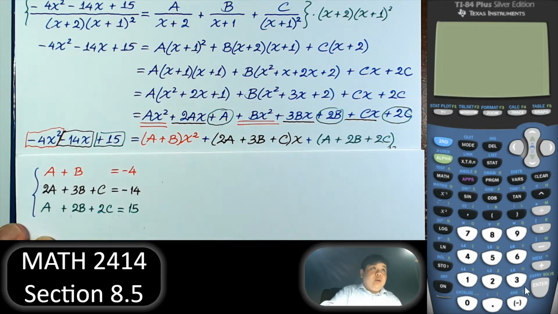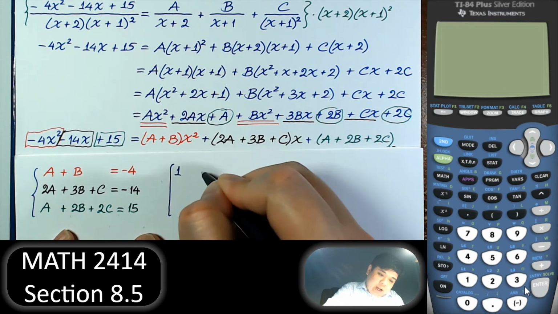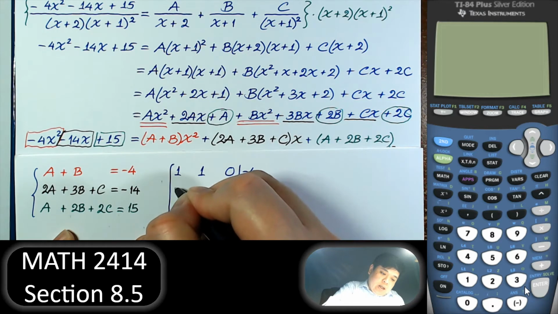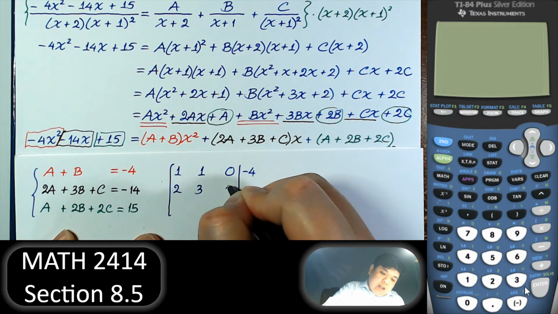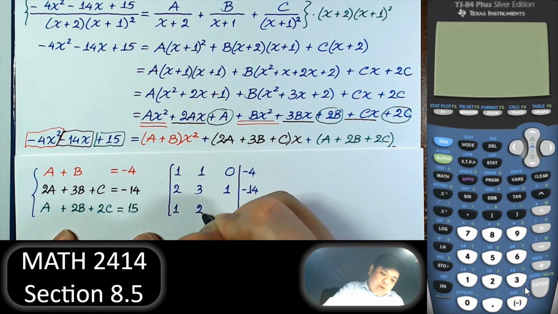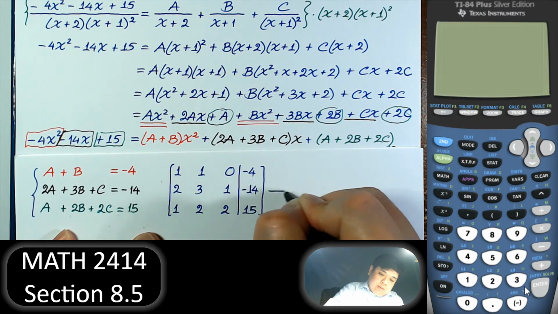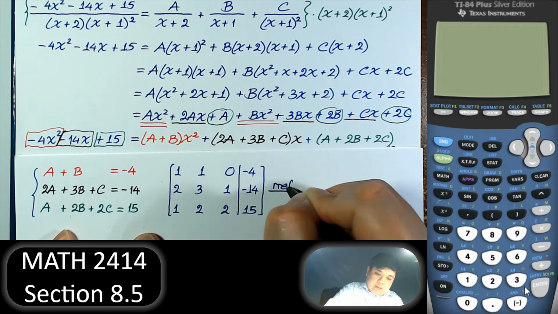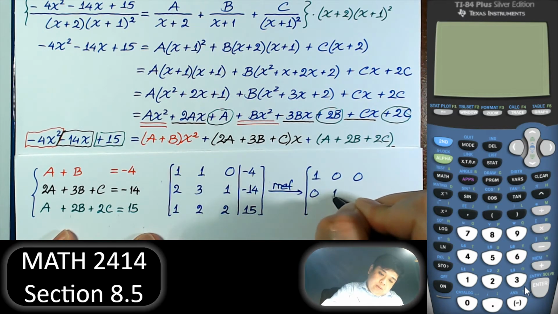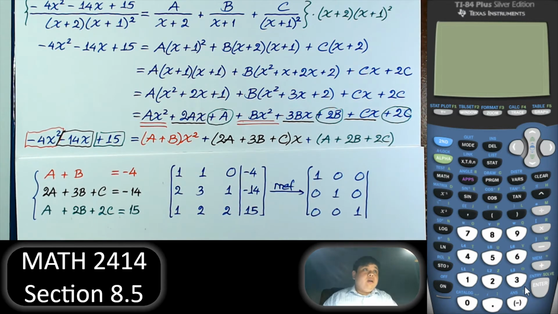Right. Put it in the matrix, reduce row echelon form. 1 for A, 1 for B, no C. 2 for A, 3 for B, 1 for C. 1 for A, 2 for B, 2 for C. Right.